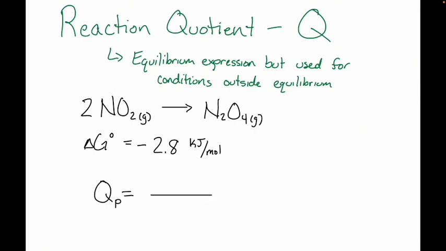Remember, just like our equilibrium constants, products over reactants, so the pressure of my product divided by the pressure of my reactant. I just have to remember, because there's this stoichiometric coefficient of 2 in my balanced chemical equation, that I have to square that reactant pressure.